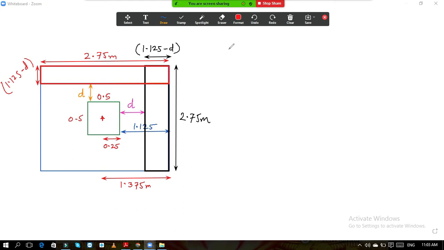So I will write that statement over here. So as both the strips are having equal area, what is the area of the strip?